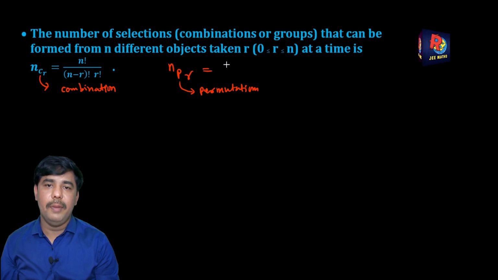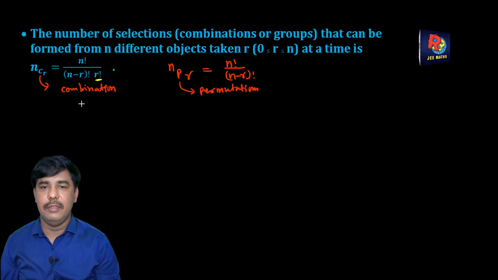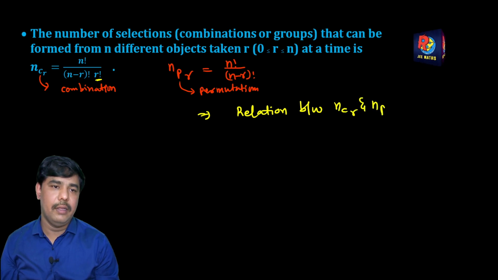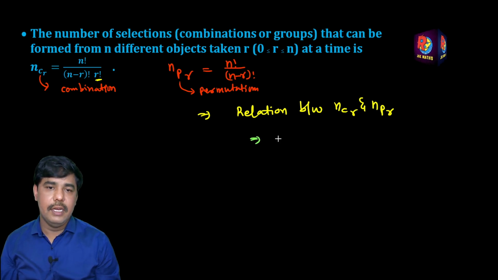The nPr formula is n factorial by n minus r factorial. What is the difference between these two? Only that in nCr, r factorial is also divided. That one you need to remember. Now I will find the relation between nCr and nPr. What is the nCr formula? nCr equals n factorial by n minus r factorial into r factorial.